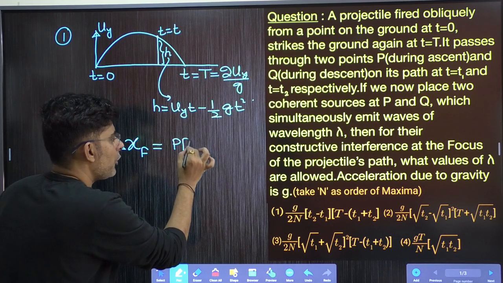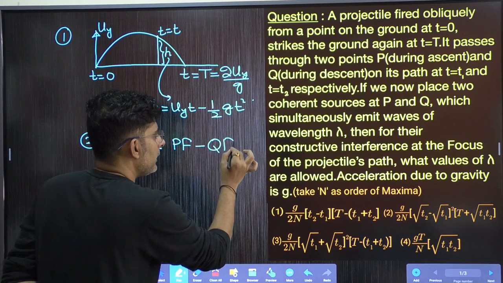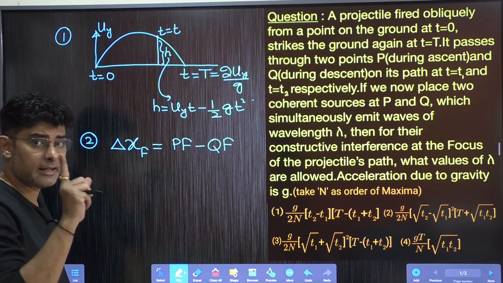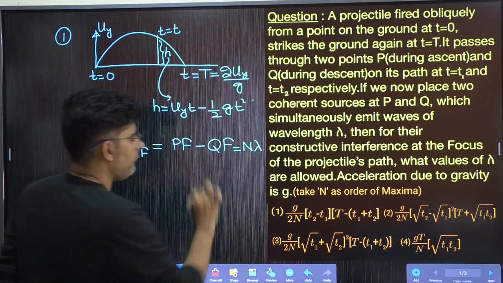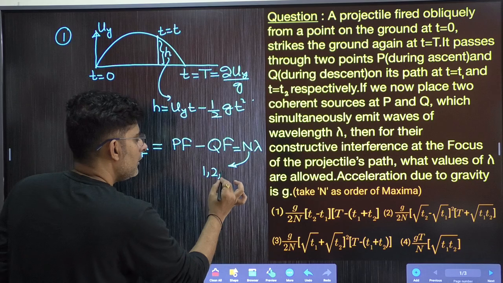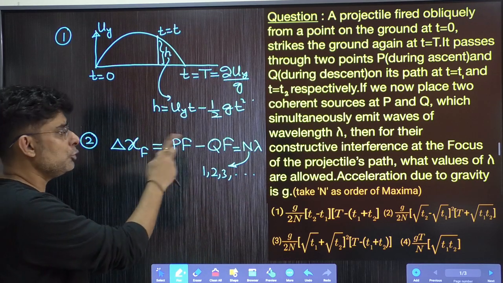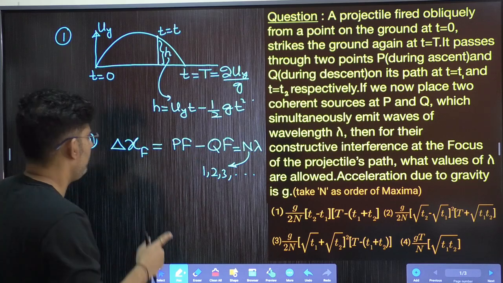So from P to F and Q to F, we just take the difference, bigger minus smaller, PF minus QF. Since they are saying constructive interference, we can equate this to n lambda, where n is the order of the maxima, which we can take as 1, 2, 3 and so on. You cannot take 0 here because the two points are at different time instants, so their distances from the focus may not be the same.